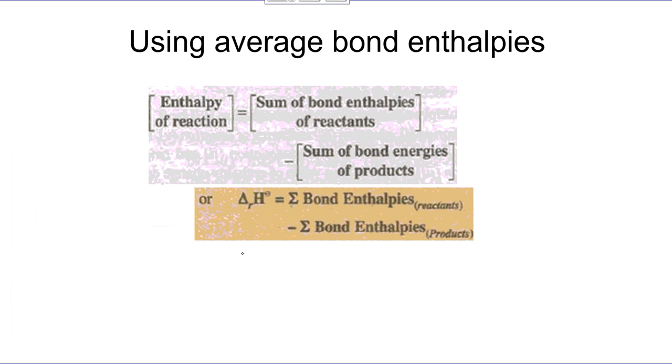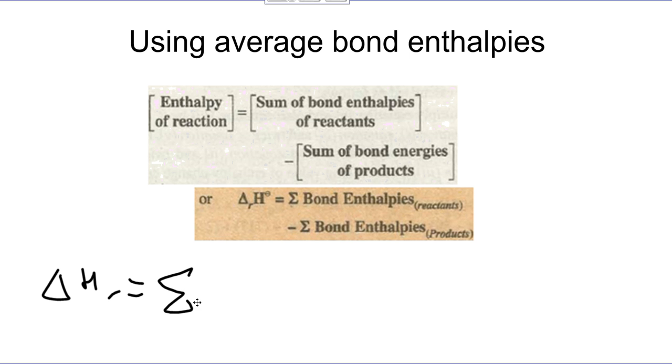So how can we use this? Well, the enthalpy of reaction, so our delta HR, is equal to the sum of the bond enthalpies of the reactants, which we can write like this, minus the sum of the bond enthalpies of the products.